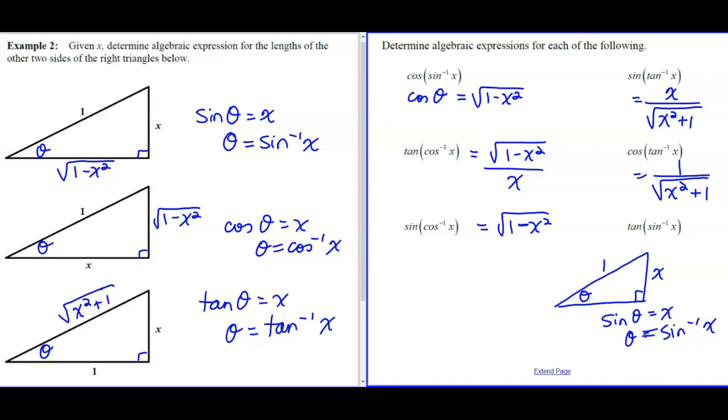So now, in your triangle, what's tan of theta? Tan is opposite over adjacent. Well, this side here, from the first triangle up there, is root of 1 minus x squared. So this is going to be x over the root of 1 minus x squared. That's all we're doing on these inverse trig functions now.